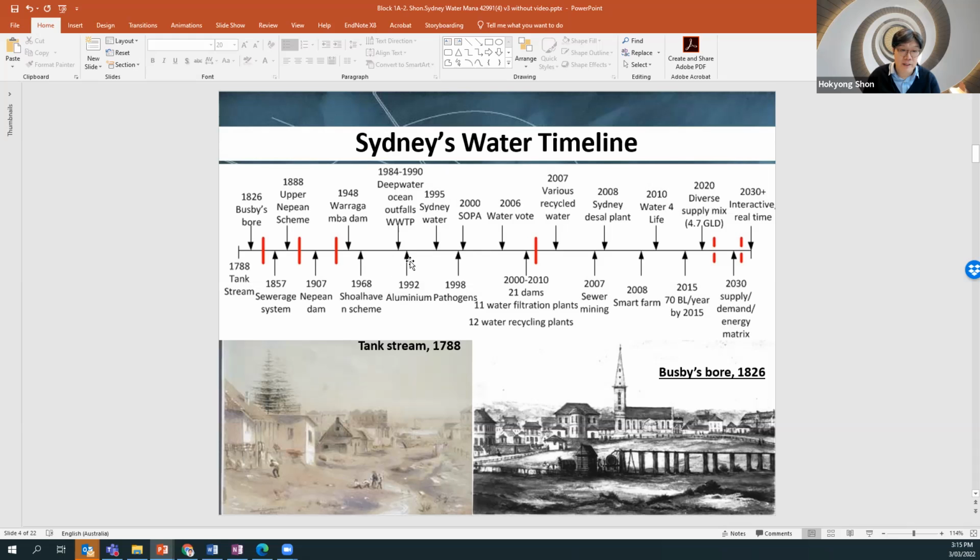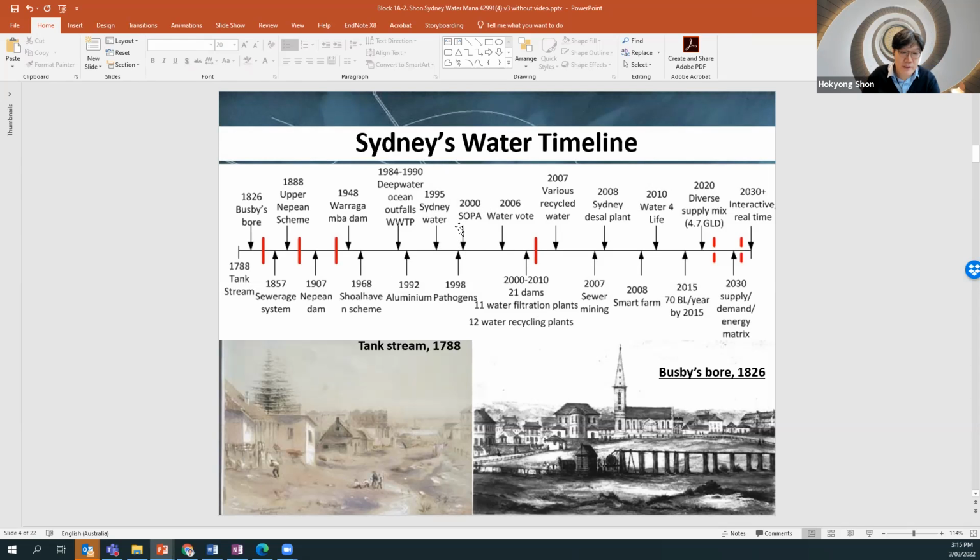So after that, we tried to utilize different water sources. Sydney Water was established in 1995. So you remember the Sydney Olympics 2000. So we had the Sydney Olympic recycling project.